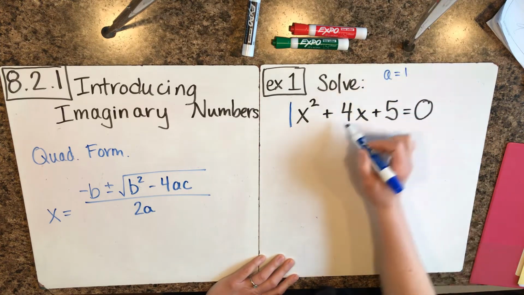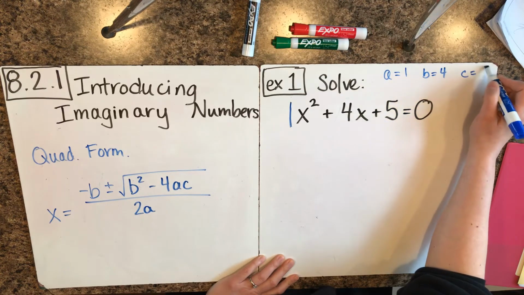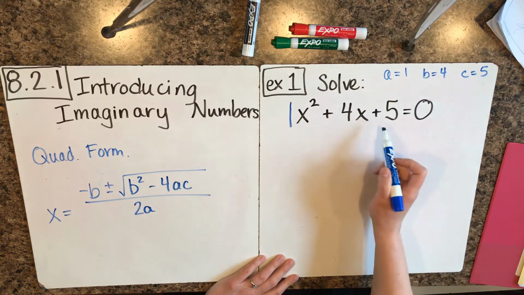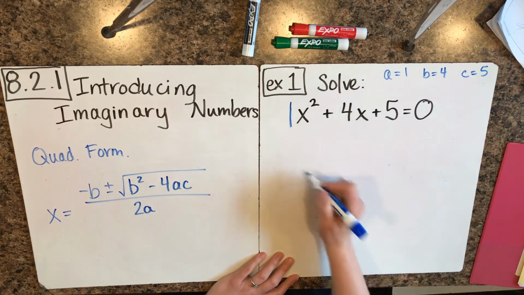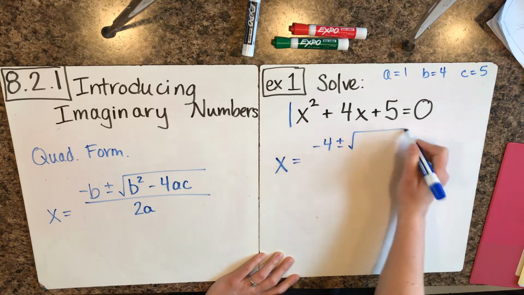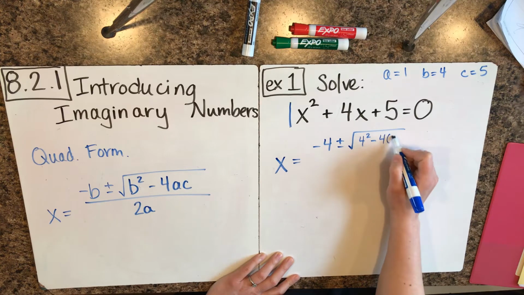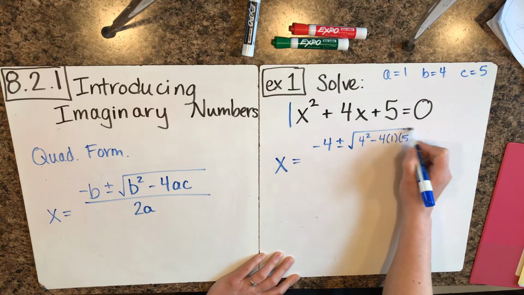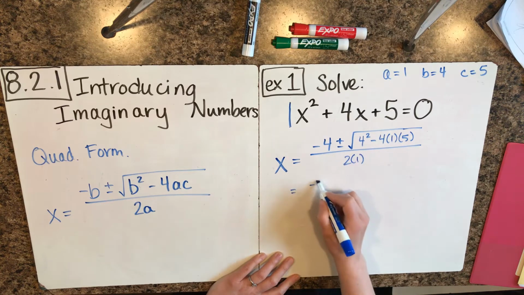So a equals 1, my b equals 4, and c equals 5. If any of these were negative, then the negative would transfer up to those letters. So the quadratic formula is negative b plus or minus the square root of b squared minus 4 times a times c all over 2a. Okay.